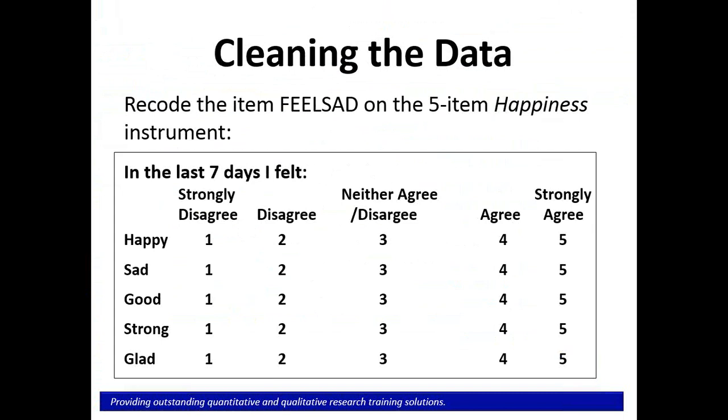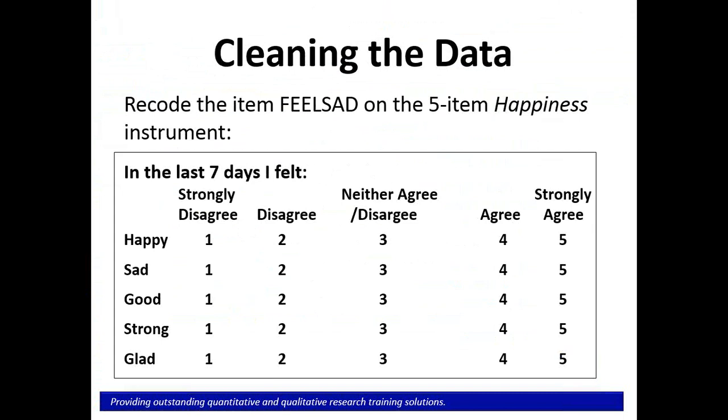So we have to make it all continuous, where a response of 1 for sad, so are you sad, strongly disagree, that would indicate the highest level of happiness. So we have to reverse the 1 through 5 to 5 through 1, where people who indicate a 1 are going to get scored as the highest level of happiness.